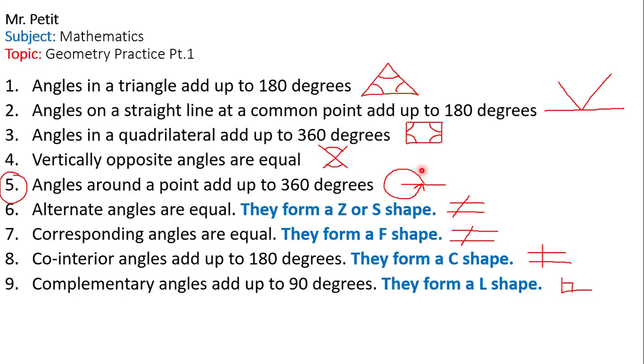Alternate angles are equal. Which shape does an alternate angle form? A Z or S shape. Complementary angles add up to 90 degrees. Co-interior angles add up to 180 degrees. Very good.